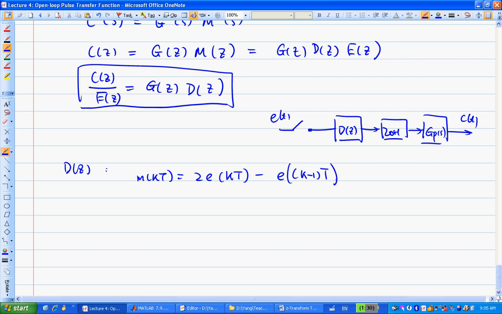The D of z is described by a difference equation. I'm not exactly sure what this is, but just in general. So based on the difference equation, what would be the D of z?